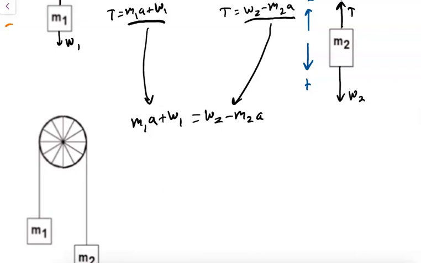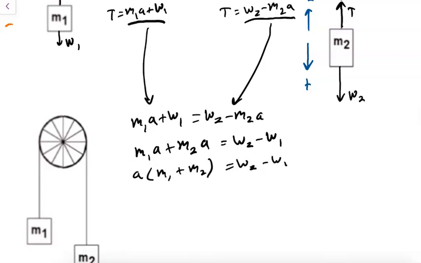I want to continue and solve for my acceleration, so I need to move my M1A and M2A to one side and my force of gravities, my weights, to the other. So I get M1A plus M2A is equal to W2 minus W1. I'm going to factor out my A on my left side, so I get A times M1 plus M2.